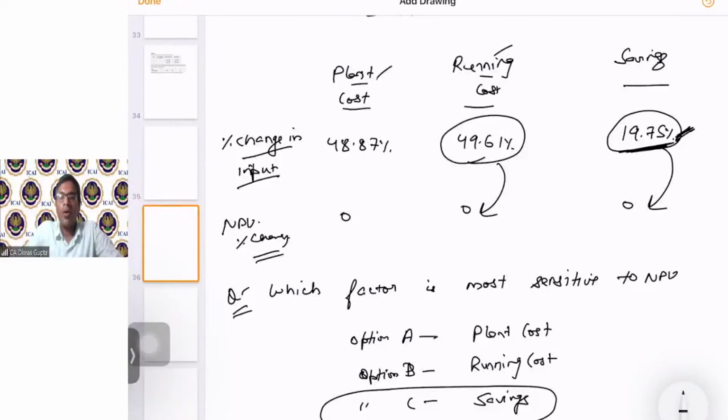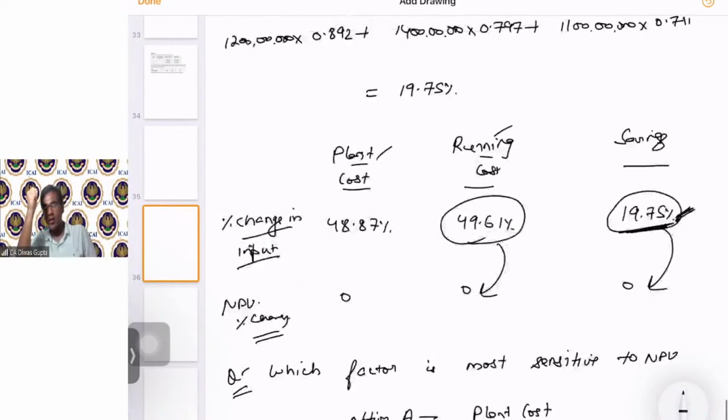I think all of you are correct. Only for whoever answered running cost, please try to think that running cost is not the most sensitive. Rather, the running cost has to change by a very high magnitude to change the NPV.